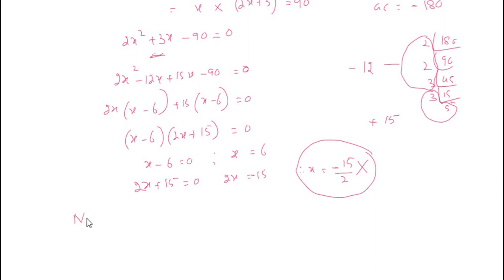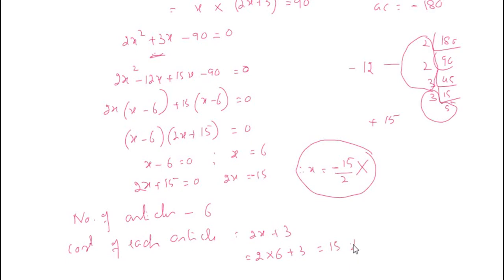So number of articles equal to 6. Cost of each article is equal to 2x plus 3, 2 into 6 plus 3 equal to 15. This is 15 rupees.